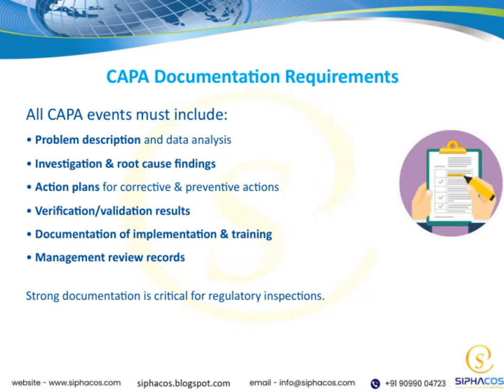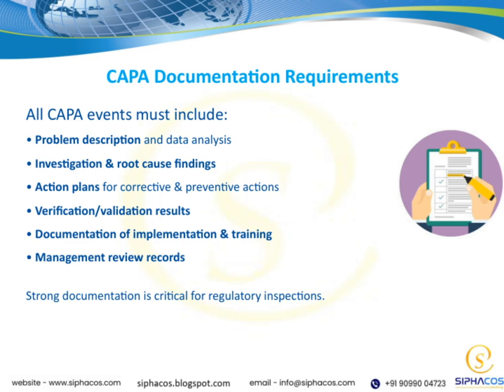Following that, verifying and validating the results of these actions is crucial. This shows that our solutions are effective and have resolved the issue. We also need to document the implementation process, including any training provided to staff. Proper training ensures everyone is aligned and understands how to follow the new procedures.